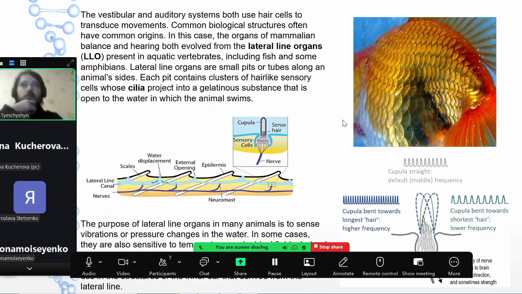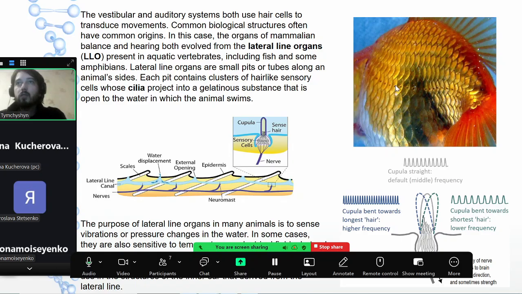The organs of mammalian balance and hearing both evolved from the lateral line organs present in different aquatic vertebrates, including fish and some amphibians. And the lateral line organs are small pits or tubes along the animal's sides. So here you see these sort of holes.